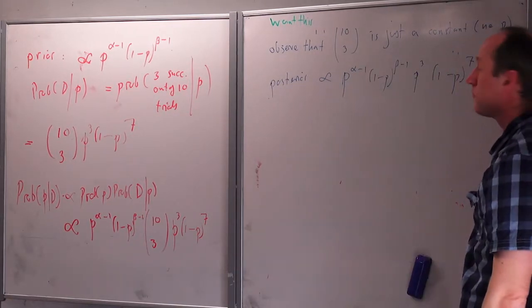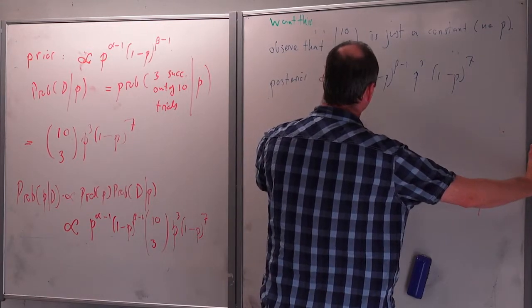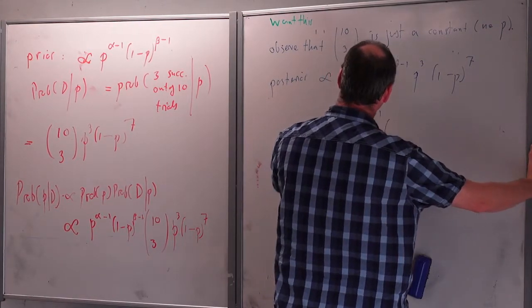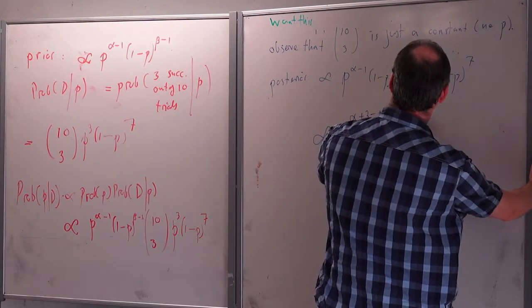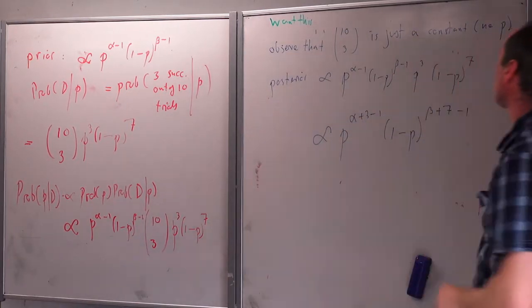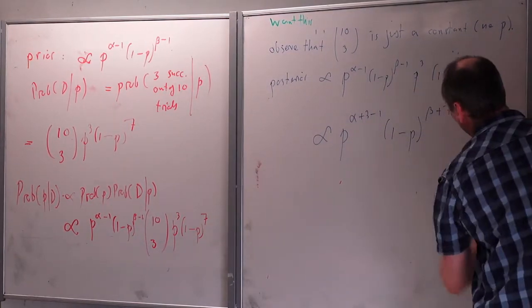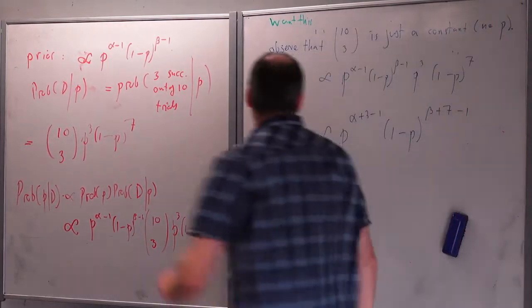I've just dropped the constant. Which is proportional to p to the alpha plus 3 minus 1, 1 minus p to the beta plus 7 minus 1. Which is a beta distribution.